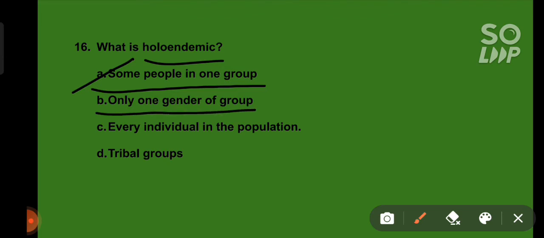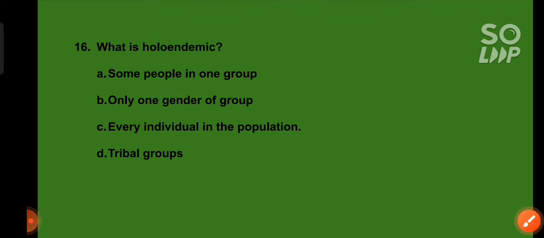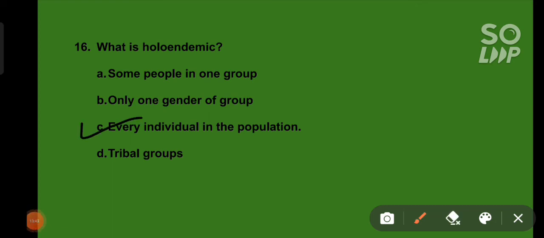Option C is every individual in the population. Option D, tribal groups. The right option is option C. So when the infection is present in all individuals of the population, it is called holoendemic.